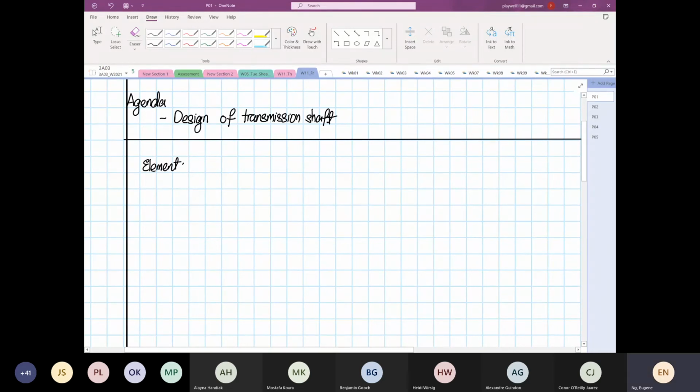So when we have an element, I'll draw an element out. This element is on a shaft. I'll draw our axes. This is my x, and this is my z-axis. Element on a shaft.